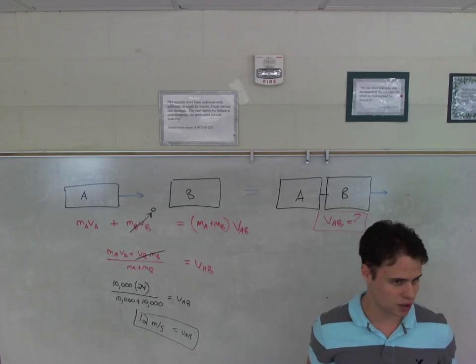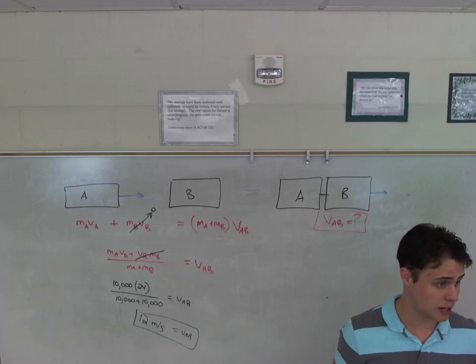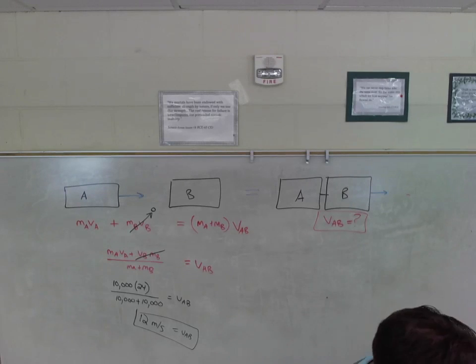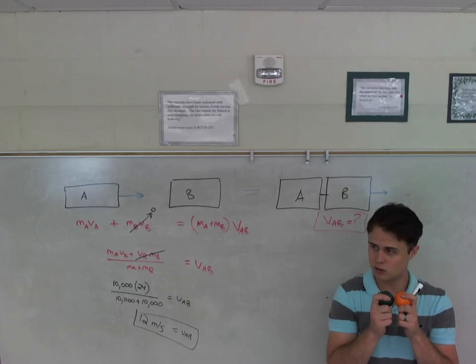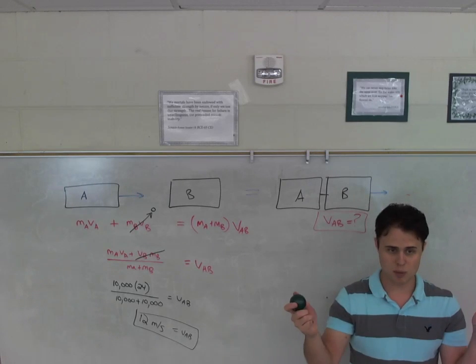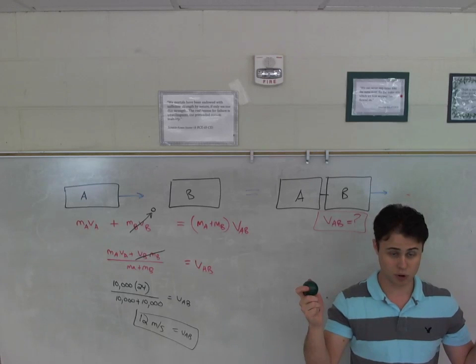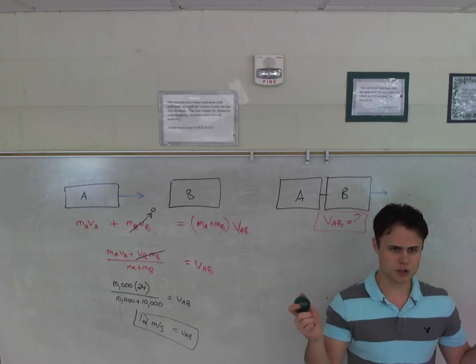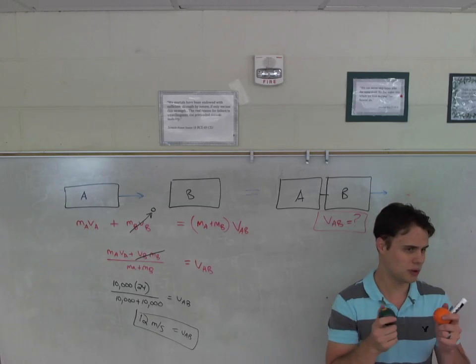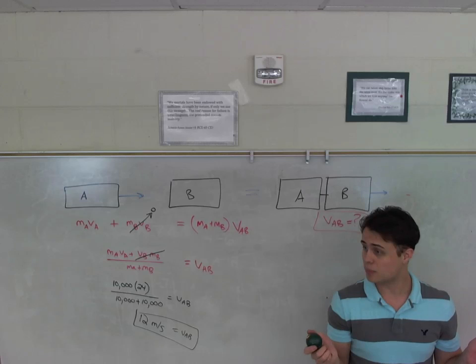The rest of that paragraph might also be useful for you guys to read. So momentum is applied in situations where you have two objects colliding, and you look at what's happening before the collision and what's happening after the collision. That's a really common application of it, because the friction involved is so negligible that you don't really have to worry about it, and you can still solve your problem, okay?